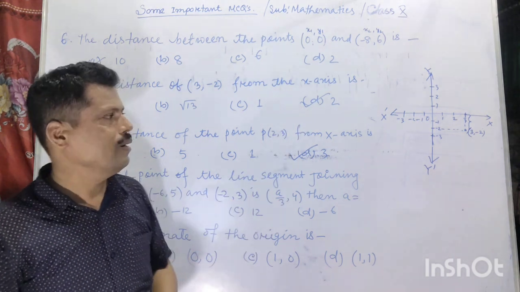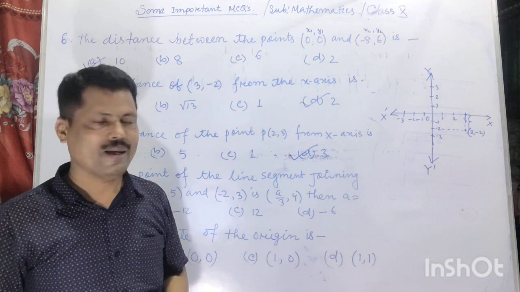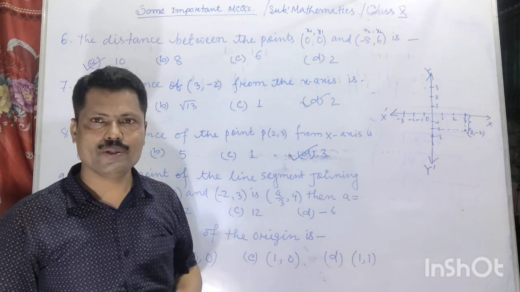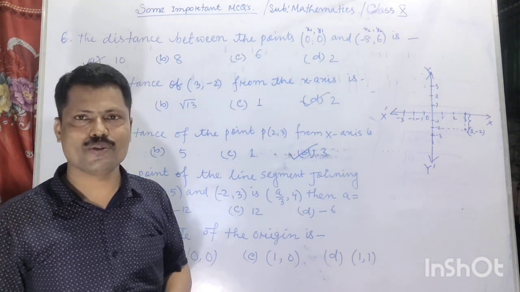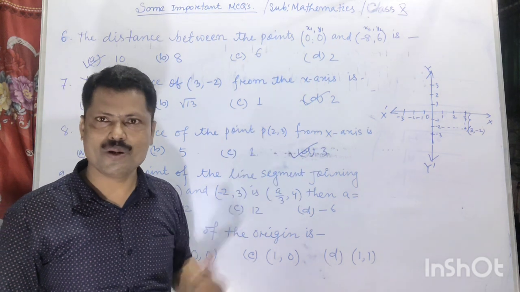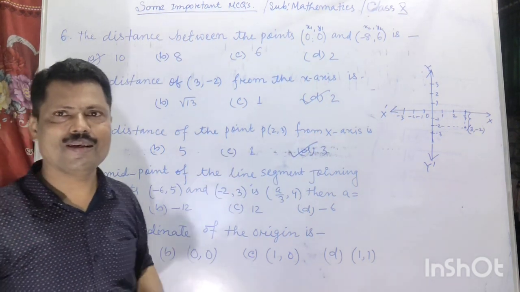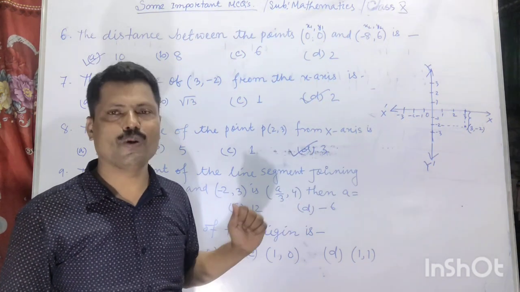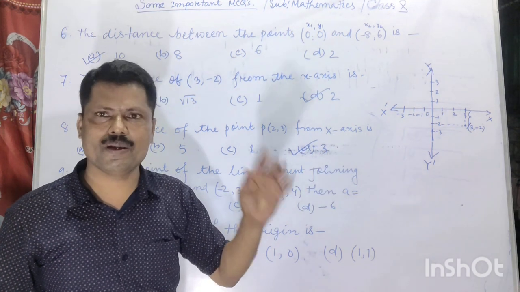Very simple. We can show this through a graph and also do it directly. Because in MCQs there is not much time, we can use the short trick to find the distance from the x-axis or y-axis of a particular point.